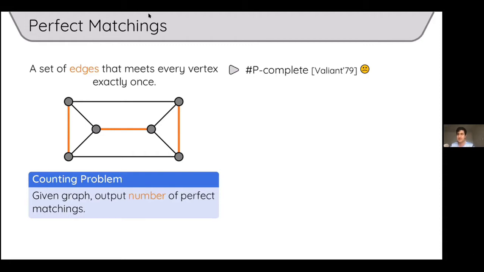This work was by Valiant. #P-complete just means that probably there is no efficient algorithm that can output this number exactly in polynomial time. So there is basically very little hope of exact counting of the number of perfect matchings by an efficient algorithm. The next best thing that you can hope for is to approximately count this.